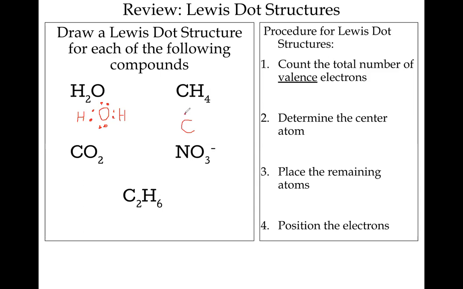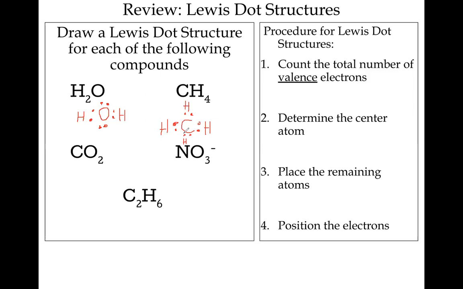So let's show this bond to each hydrogen, 1, 2, 3, little tiny hydrogen, and 4. Poorly drawn dots, but 2, 4, 6, 8. It's all good.